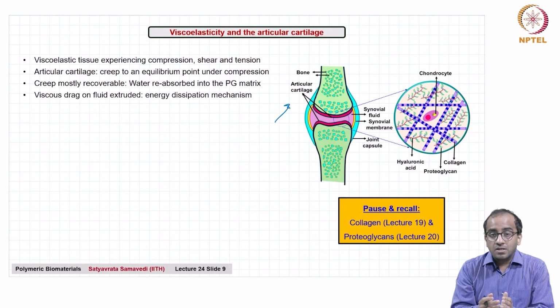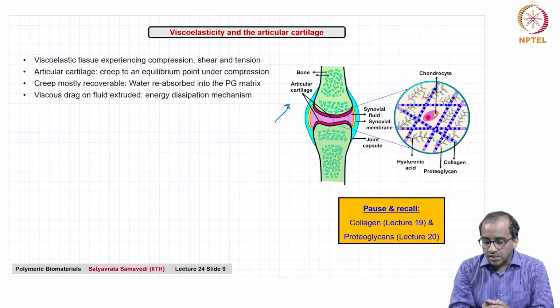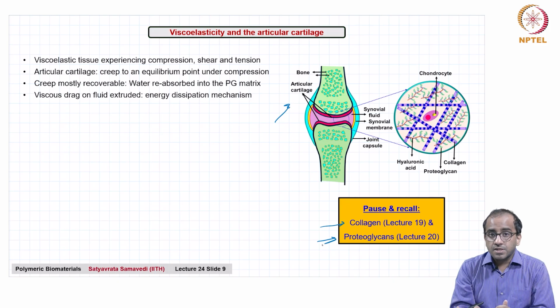It is a combination and a complex interplay between many of the biological macromolecules that we have seen, most importantly collagen and proteoglycans. And the structure property relationships for collagen and proteoglycans have been dealt with in great detail in lecture 19 and 20. So, now would be a good time to pause and recall some of those concepts as we see how those structure property relationships can now influence the functionality of the articular cartilage and its eventual everyday use.